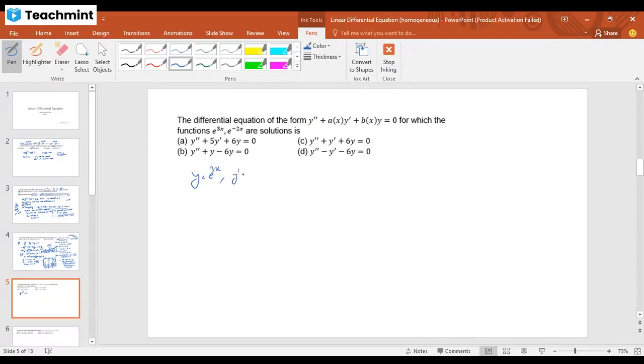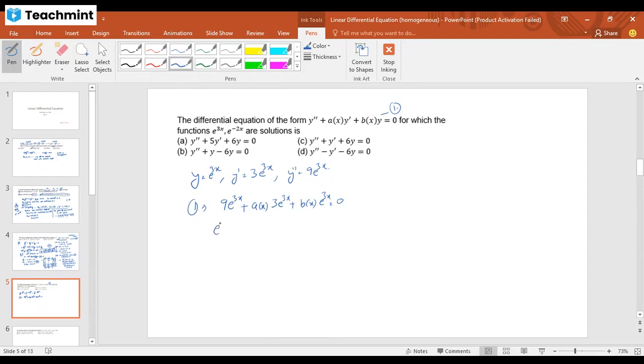So what is y dash? 3 times e power 3x. y double dash is 9 times e power 3x. Because y equal to e power 3x is a solution, it must satisfy the given differential equation. So I am replacing y double dash with 9 e power 3x plus ax times y dash, 3 e power 3x, plus bx times y, y is e power 3x, equal to 0.